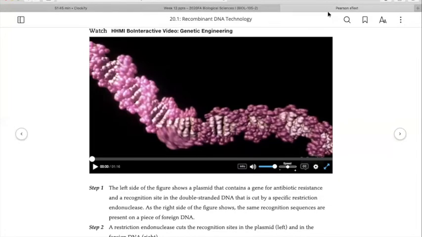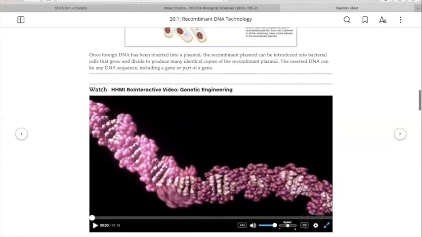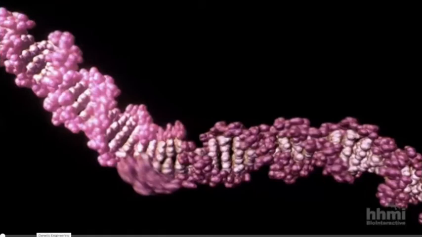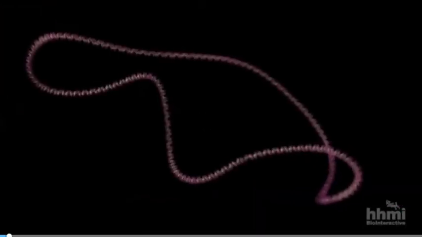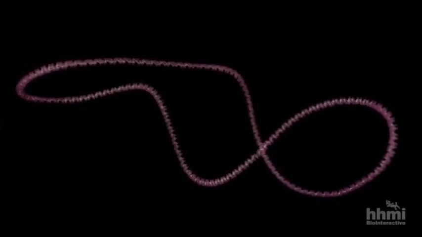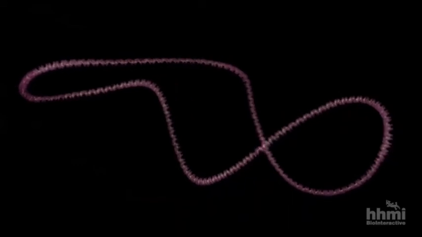Okay, so this is the textbook page that talks about recombinant DNA technology, and here is an excellent animation that describes what I've just shown you. A common technique in genetic engineering is to insert a new gene into a loop of bacterial DNA called a plasmid.